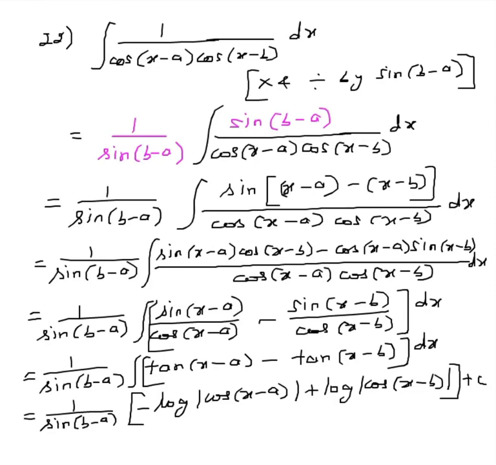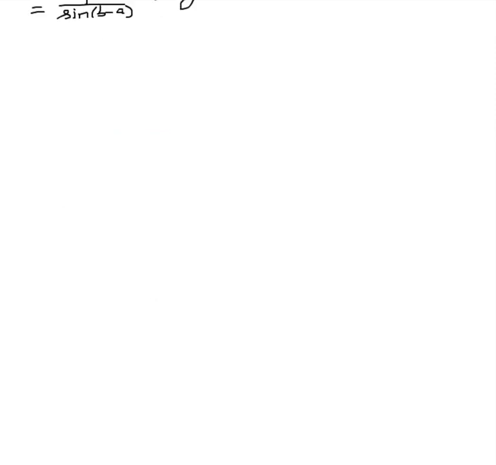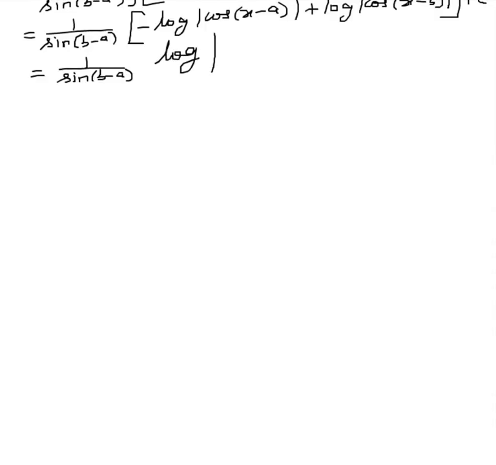Now log a minus log b is log a by b. We know the logarithmic rule. So we can combine these two terms and write this as 1 by sine of b minus a, and this becomes log of absolute value of cos of x minus b divided by cos of x minus a.